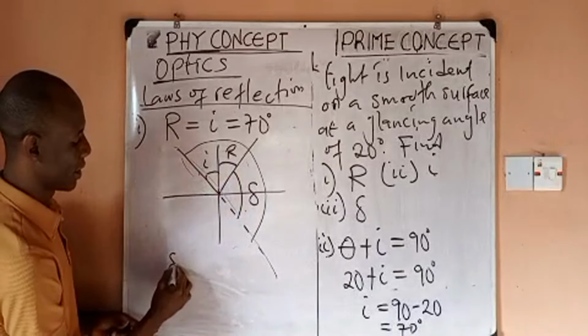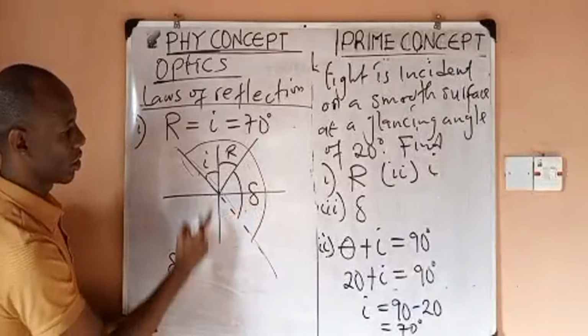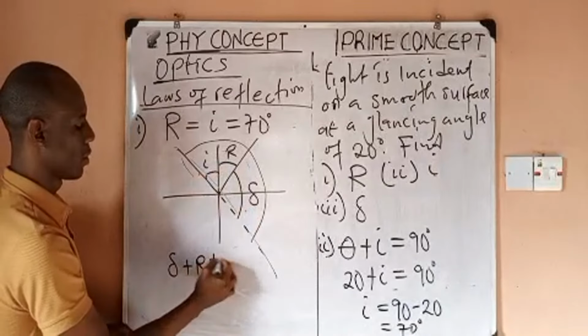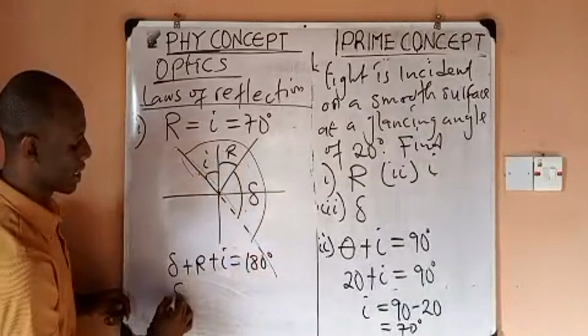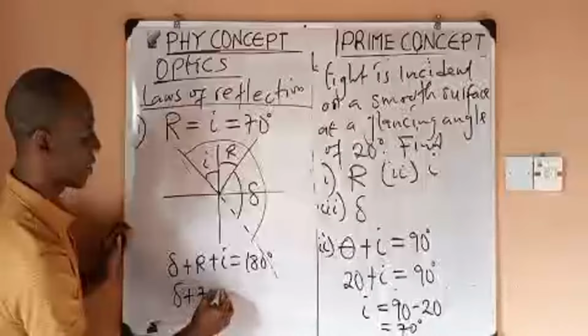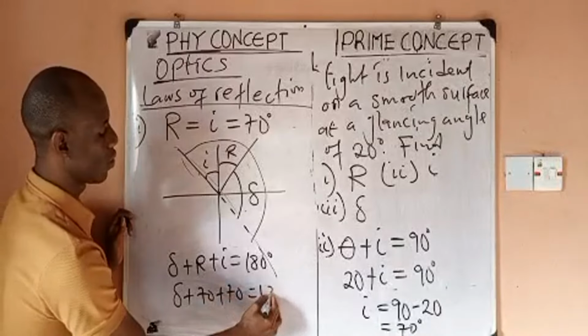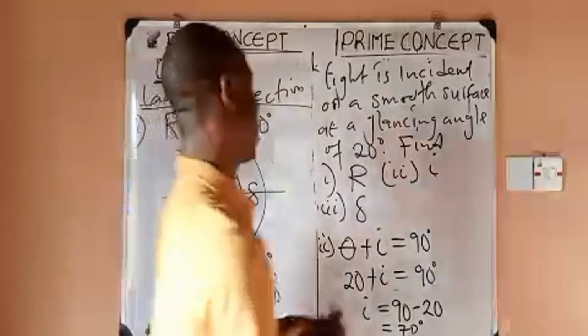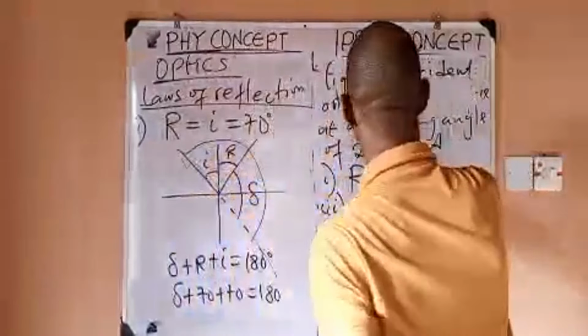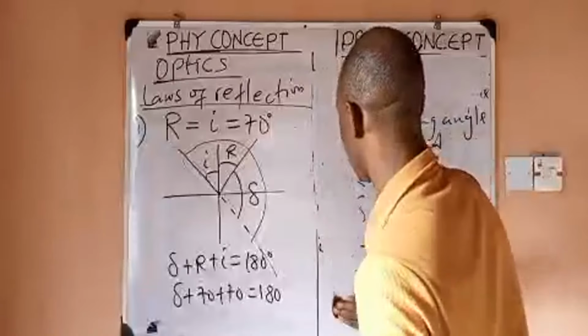So I can say delta, my deviation, plus R plus I should be equal to 180. So that delta plus 70 for R, 70 for I is 180. So if I solve this, delta is 180 minus 140.